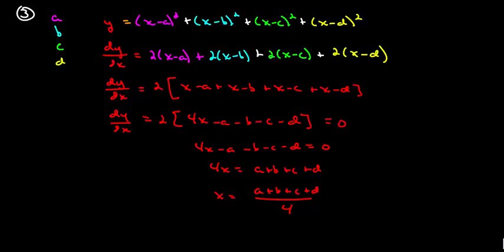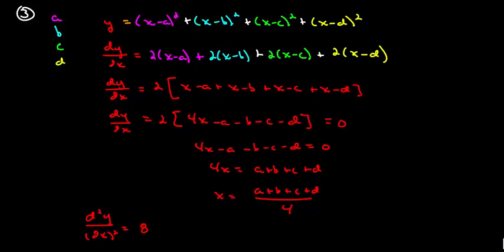Now, how do we know it's a minimum? Well, we're going to check the second derivative, d squared y dx squared. The second derivative with respect to x is just 8.